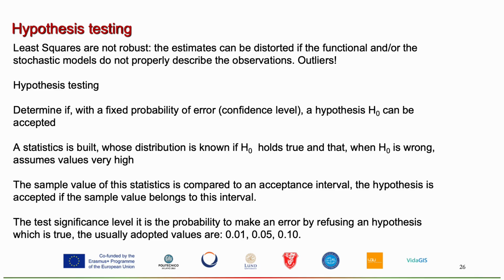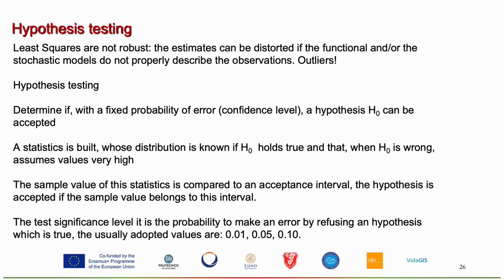What does it mean in practice? Let's suppose that the design matrix is not properly written. This is an error in the functional model. Let's suppose that the cofactor matrix of the observations is not the right one. This is again a stochastic error in the model.